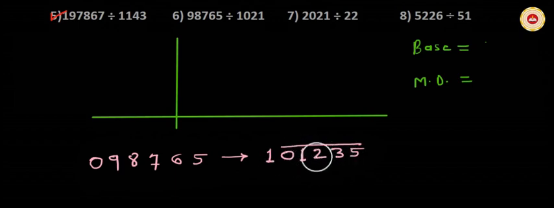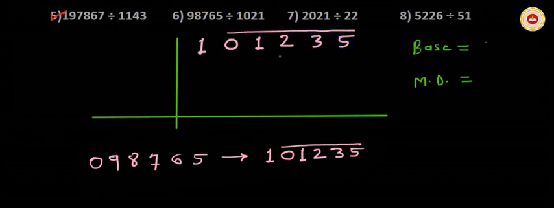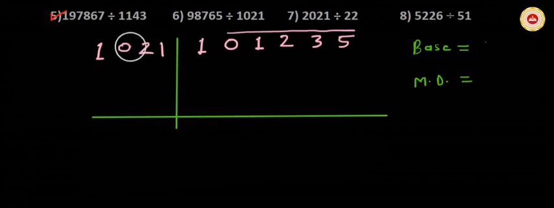Now let us divide this dividend by given divisor 1021. So let us write this dividend here: 1, 0, 1, 2, 3 and 5, negative sign. And what is divisor? 1021. Find nearest base for the given divisor 1021. What is base?